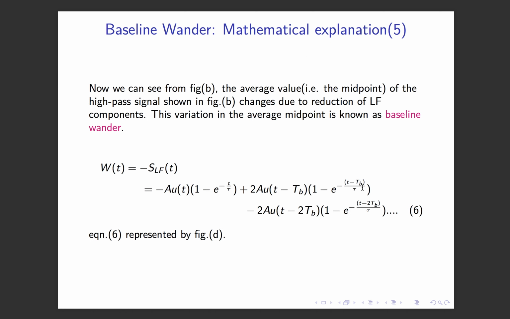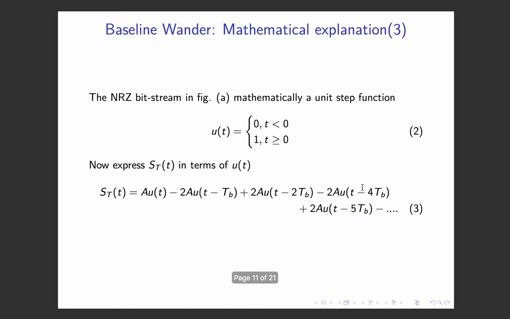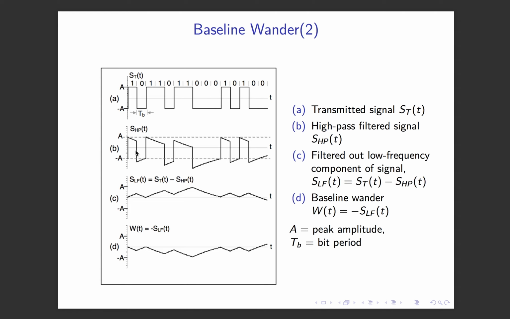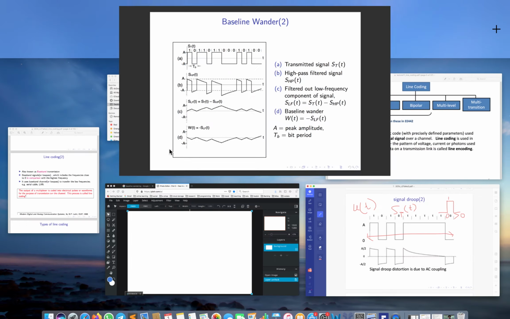we are talking about baseline wander. From figure B that we have seen, the average value at the midpoint of the hyper signal is shown in figure B. Let's see this. So this is the midpoint. Whenever this 0 and 1 change, this line starts drifting. If we get a very long run of zeros or a long run of ones, it starts drifting, as we have seen here.